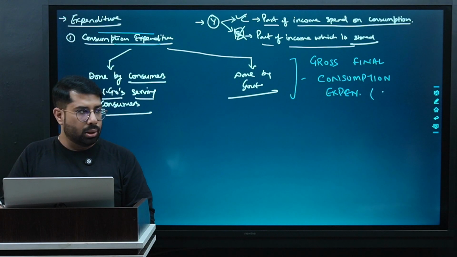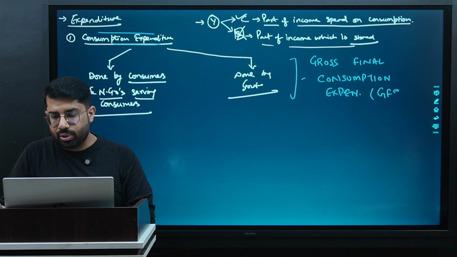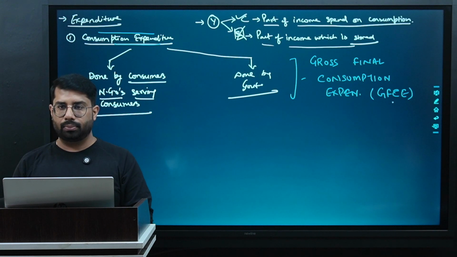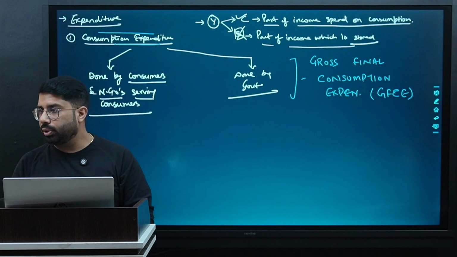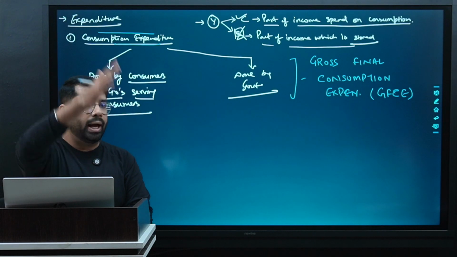I'll write it here. In short, I am going to write it as GFCE. Are we clear? We are going to call it GFCE, meaning gross final consumption expenditure.